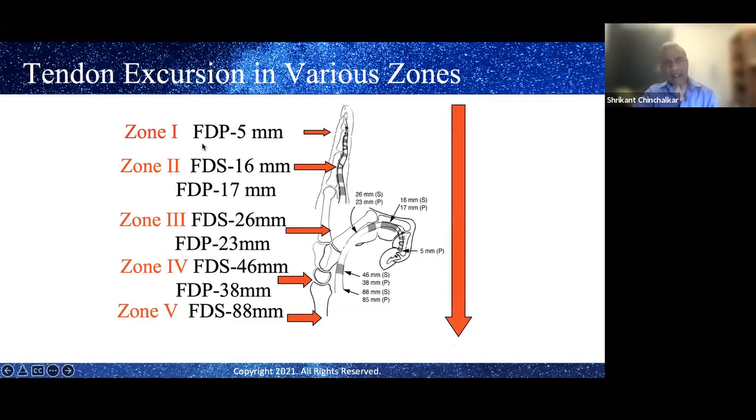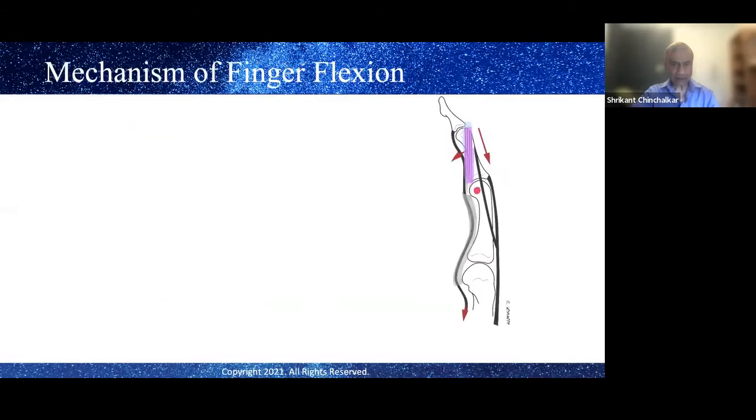If we take the example of flexor digitorum profundus, which has 5 millimeters of excursion at the distal phalanx, you can imagine that if we lose 1 millimeter of tendon excursion, and the DIP joint has 60 degrees of flexion, loss of 1 millimeter will result in the loss of 12 degrees of angular motion at the distal phalanx.